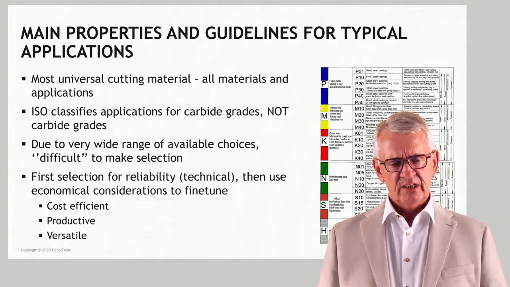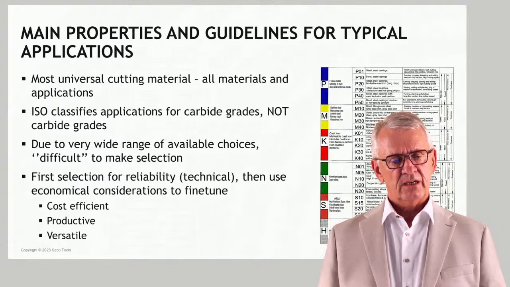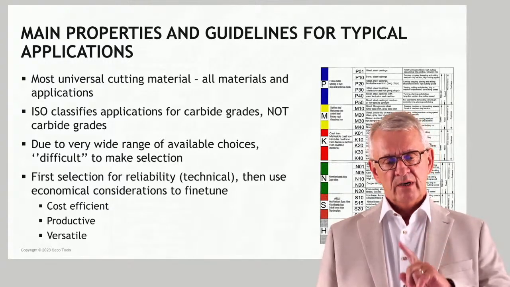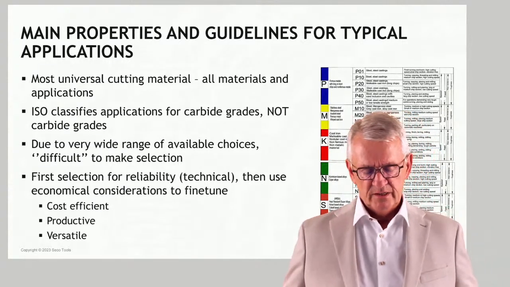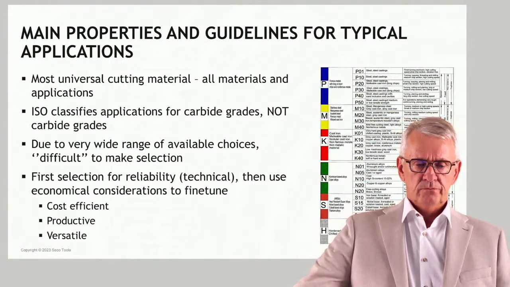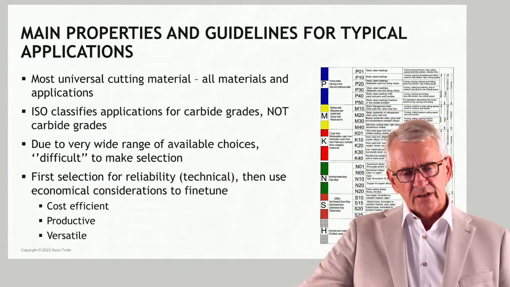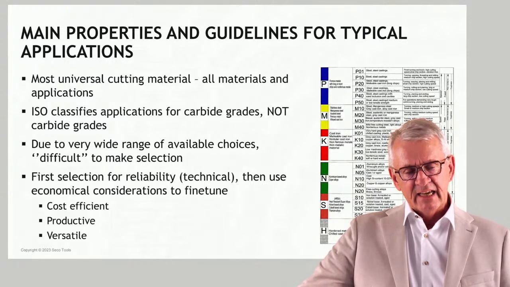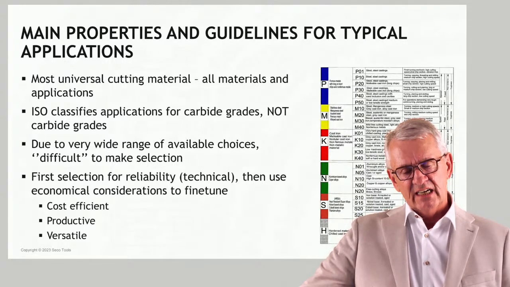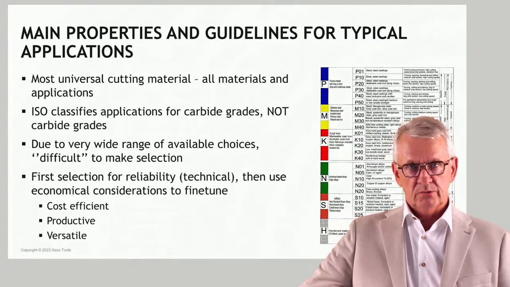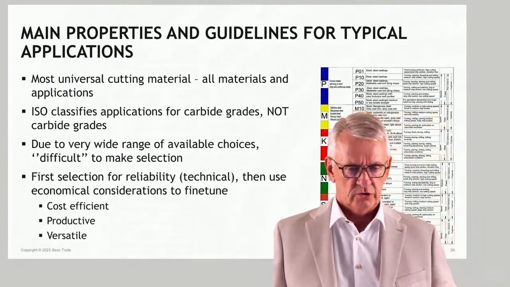And today there are quite a lot of carbide grades. I think I'm not exaggerating when I say there are thousands of different carbide grades. Be careful when we talk about carbide grades. People very often start talking about ISO, the ISO system to classify carbide materials, and they even try to use this ISO classification system to classify advanced cutting materials, which is a very dangerous exercise to do.